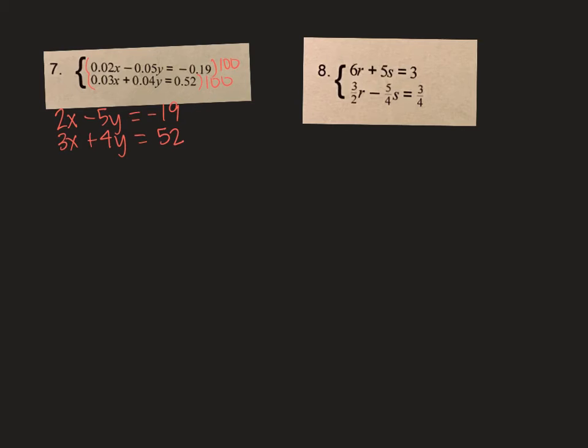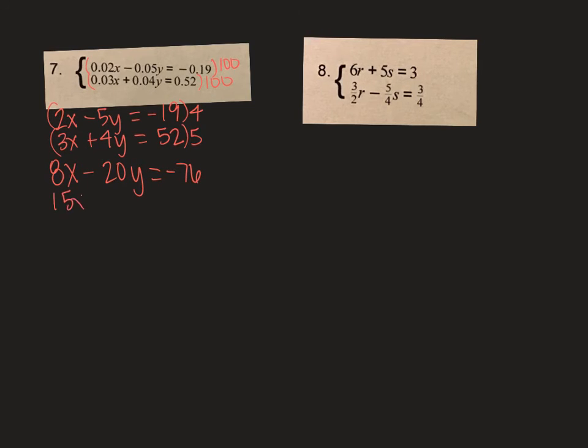3x plus 4y equals 52. We still have to multiply again because we don't have variables that are going to just cancel out, that are going to eliminate, but it's okay because they're whole numbers, so they're not as scary anymore. If you want to go with the fact that you have a negative 5y and a positive 4y, we can eliminate our y's. So I'm going to multiply the first equation by 4, the second equation by 5, which once I multiply, I'm going to have 8x minus 20y equals negative 76.